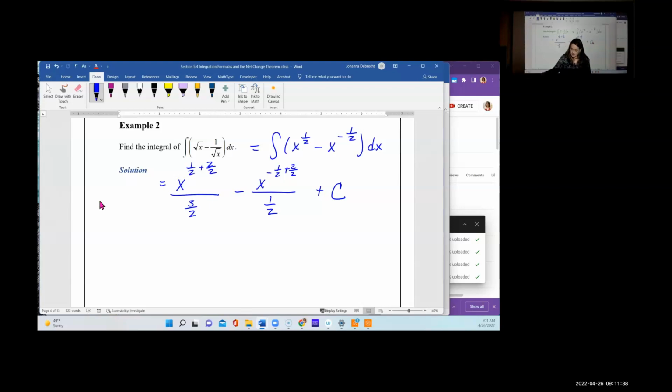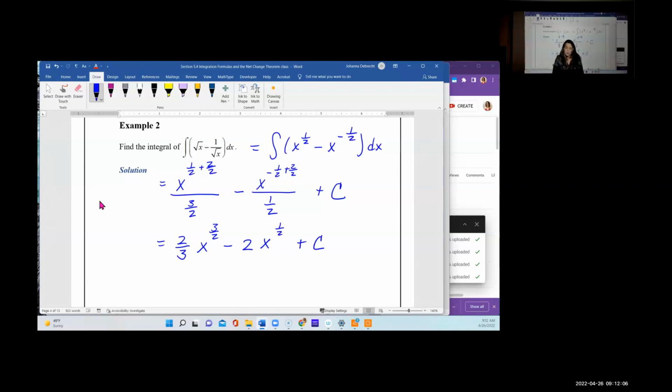All right. So the next thing that we want to do is simplify. So dividing by 3/2 is the same as multiplying by the reciprocal, which is 2/3. So I have 2/3 x to the 3/2 minus dividing by 1/2 is the same as multiplying by the reciprocal 2/1 or 2, x to the 1/2 plus c.